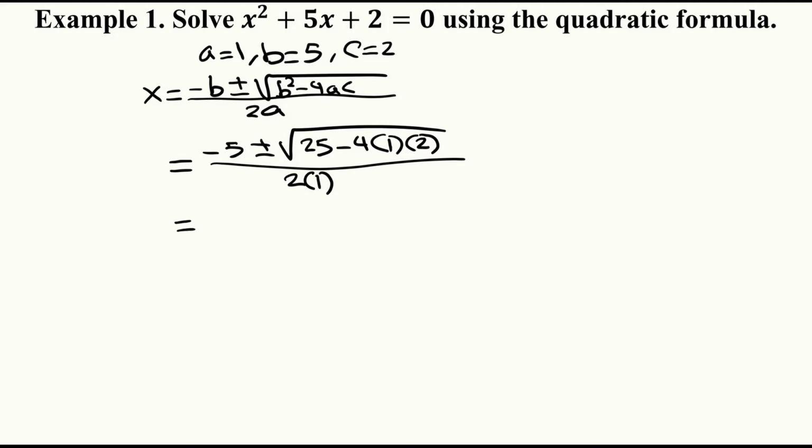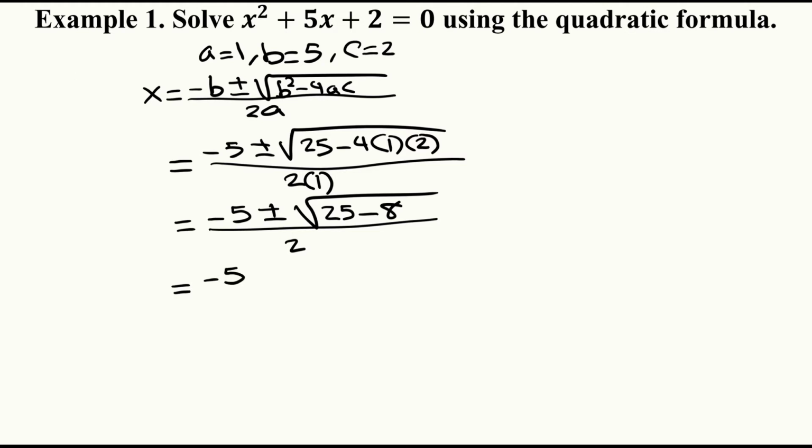So now we'll clean that up, so we get negative 5 plus or minus square root of 25. Now here we have negative 4 times 1 times 2, which is of course just negative 8. So minus 8 over 2 times 1 is just 2. So we end up with negative 5 plus or minus square root of 17 over 2.